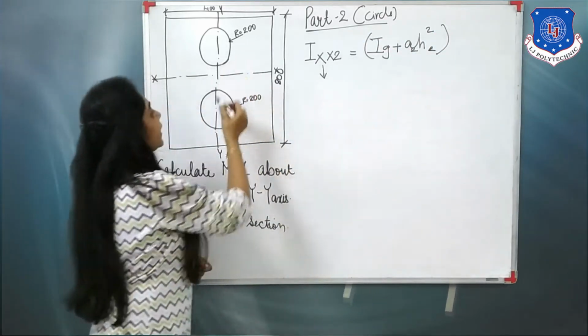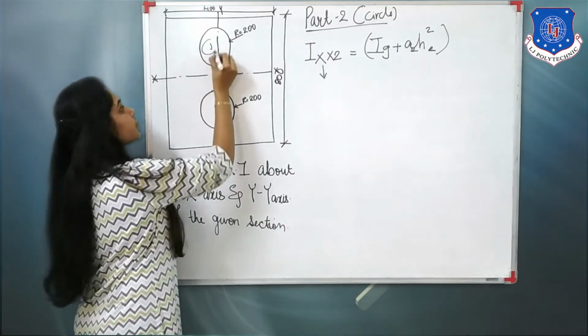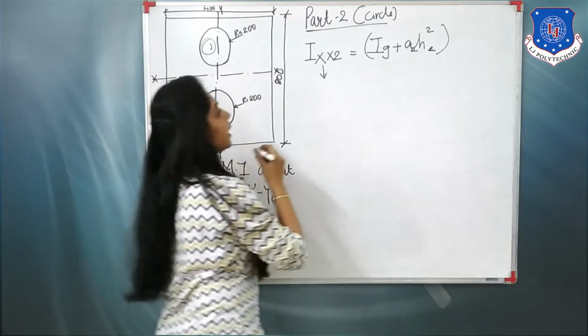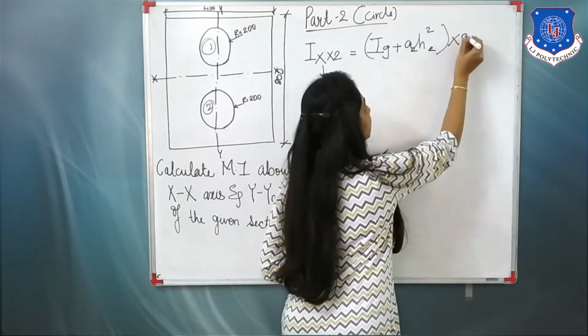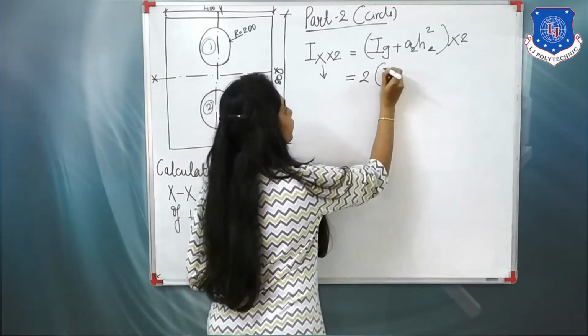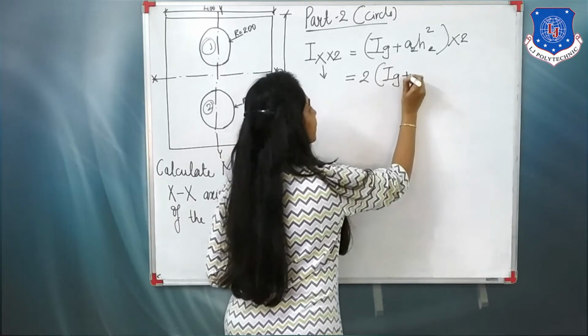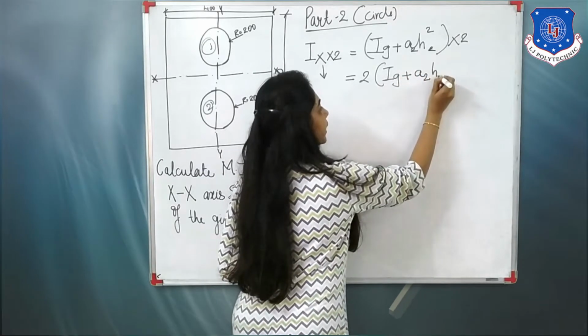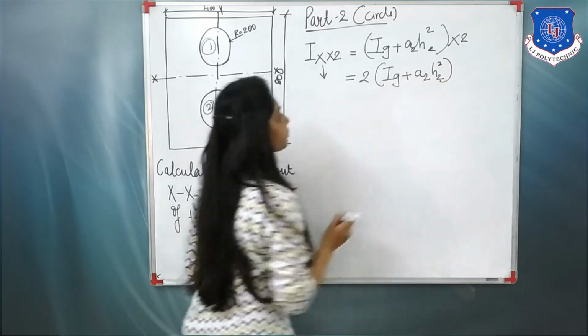But because I have two circles, first and second, I will multiply it by 2. So over here, my formula will be 2 into Ig plus A2 H2 square.